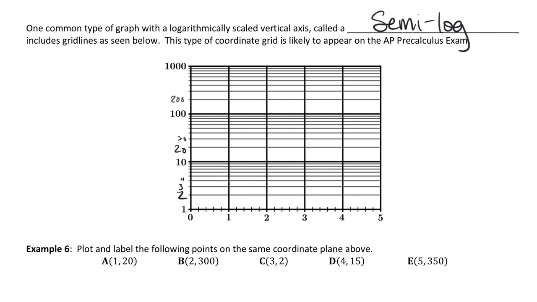If the first thing I want to plot here is 1 comma 20, the input value is still 1, but the output value is 20. So I'm going to go to 1, and then one line above 10 is 20. So 1 comma 20 is right here. That's A, 1 comma 20.